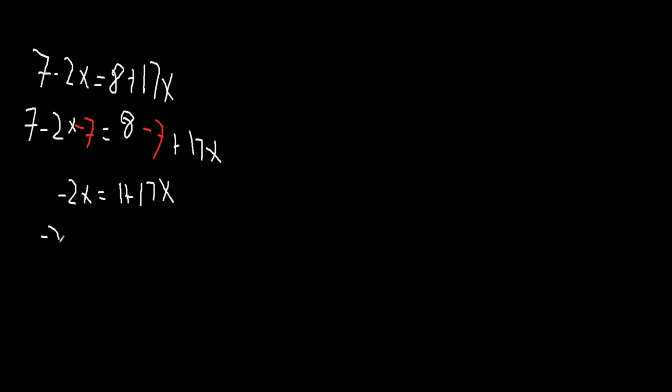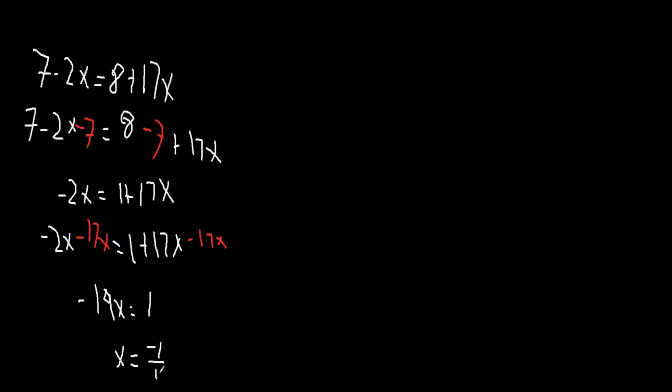So that's negative 2x minus 17x, which equals 1 plus 17x minus 17x. Now we have negative 19x, which equals 1, and x would equal 1 divided by negative 19, which is negative 1 over 19.